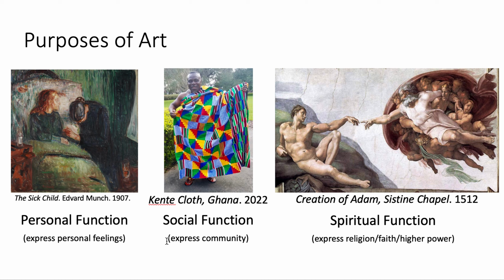Our social function, right, is about expressing community. So here we have an image of a man wearing a kente cloth from Ghana, which is a specially woven traditional piece of garment from Ghana in Africa. That's used in special ceremonies and stuff. So making a kente cloth is usually done by hand.